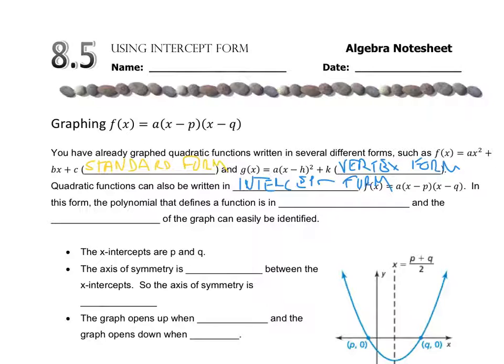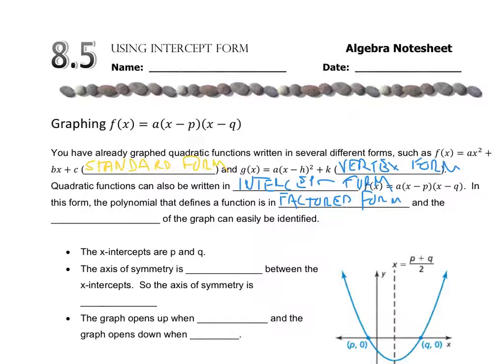As I just showed above, it looks like a times x minus p times x minus q. In this form, the polynomial is in what we call factored form. This gets back to what we did in the last chapter when we were factoring quadratics.